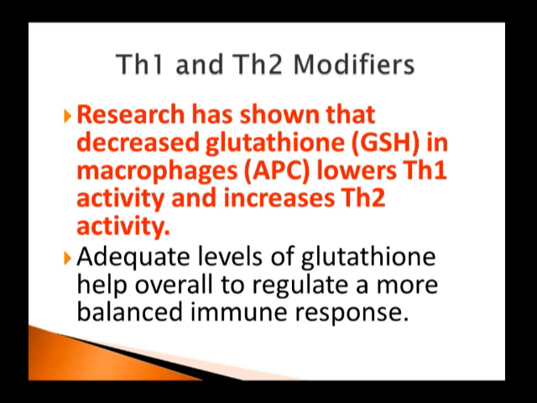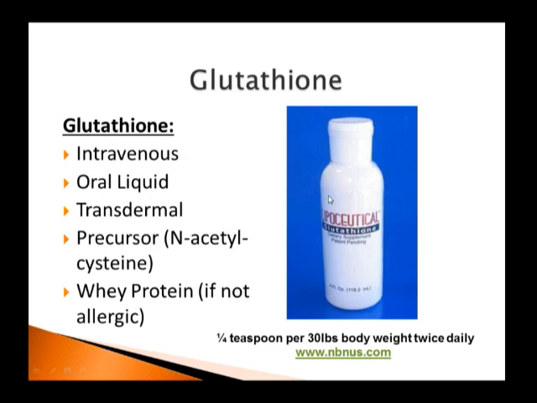And if you have too much production of antibodies, and let's say you have ongoing allergy, allergy is also going to create inflammation. So glutathione is a very important remedy, or can be an important remedy, not only to help decrease oxidative stress, but it can also be useful to help bring some balance to the immune system.